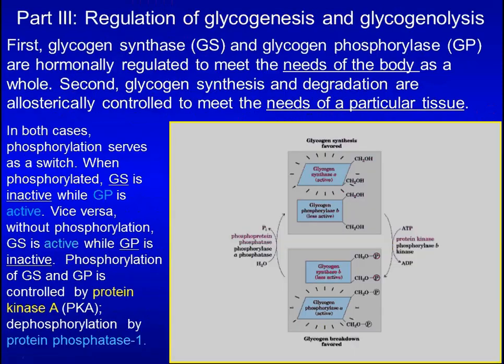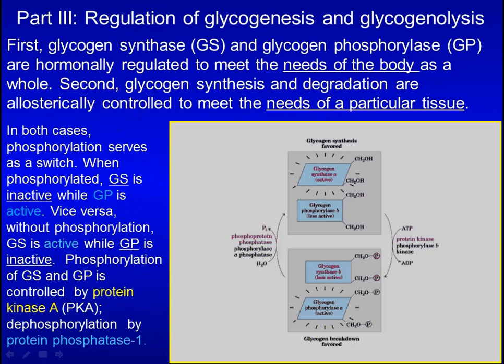Now let's move to part 3. First, glycogen synthase and glycogen phosphorylase are hormonally regulated to meet the needs of the body as a whole. Second, the pathways of glycogen synthesis and degradation are allosterically controlled to meet the needs of a particular tissue.